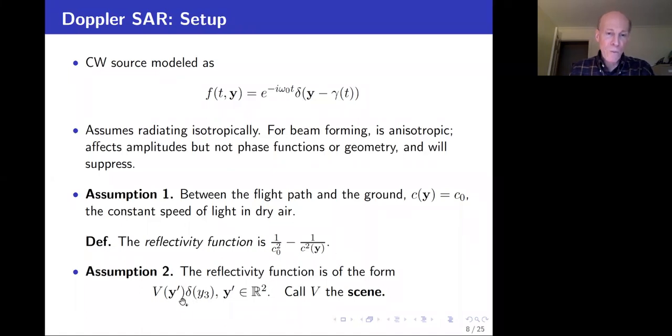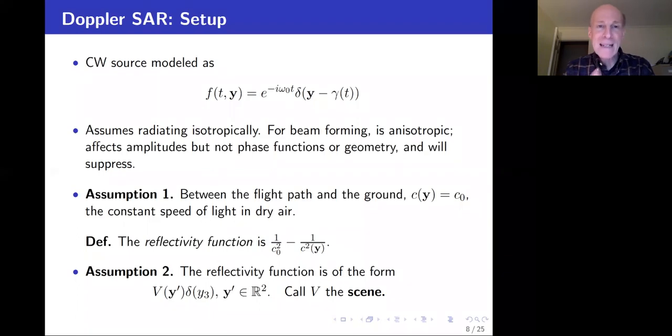We assume it's of the form a function of y1 and y2, so a function on the Earth's surface, V of y prime, times the delta function of y3. So of course, the delta function is supported at y3 equals 0, but there are other distributions that are supported at y3 equals 0. So one can certainly argue with this assumption, but this is the assumption that we're making.